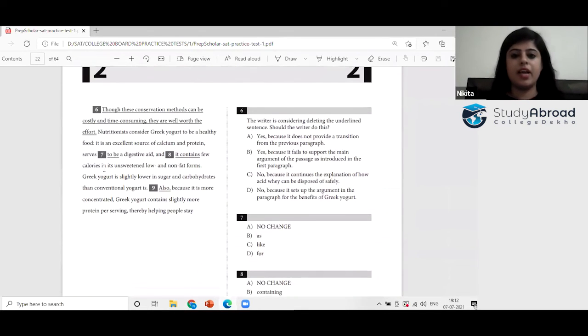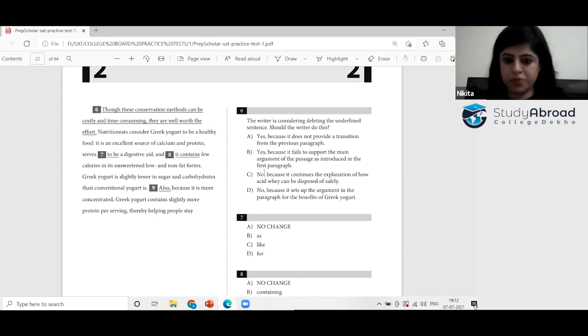Alright. Let's move on to the next question. Now the direction is given for the question. I'm going to read the direction first. It says, the writer is considering deleting the underlined sentence. Should the writer do this? Now, one of the lines is underlined over here.